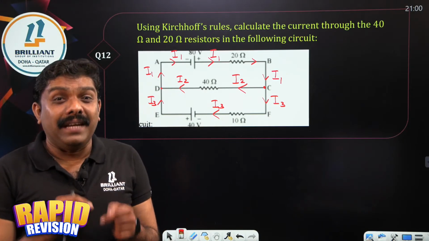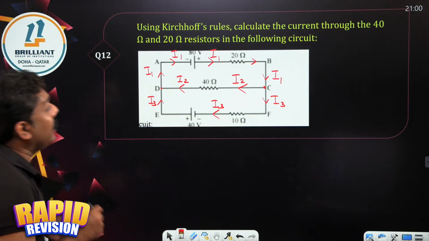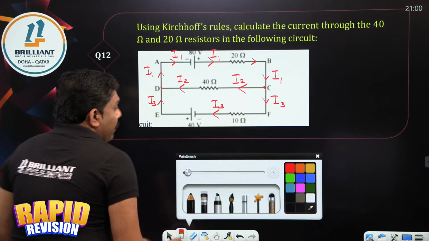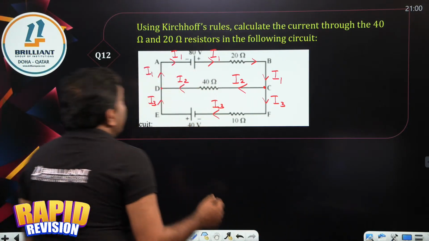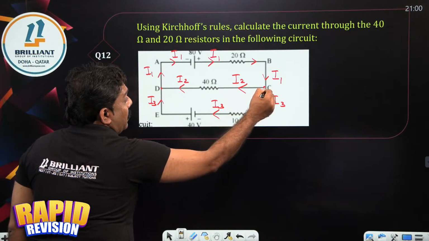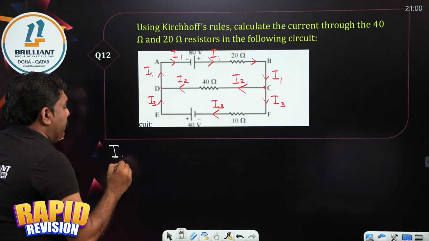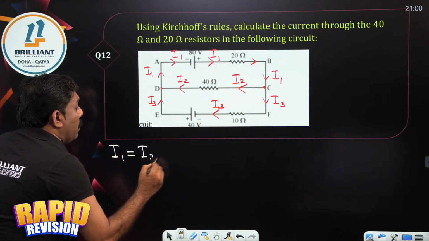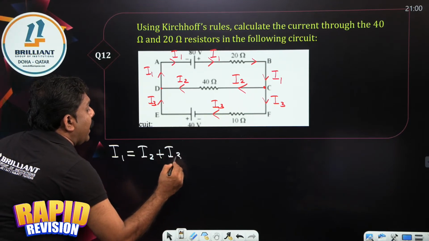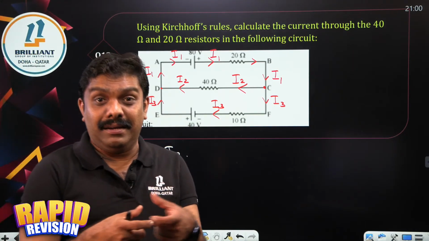Now what is the next step? Deduce the relation between currents in the branches. I1 reaches, it splits into I2 and I3, so I can write I1 is equal to I2 plus I3. That is the relation between the currents.